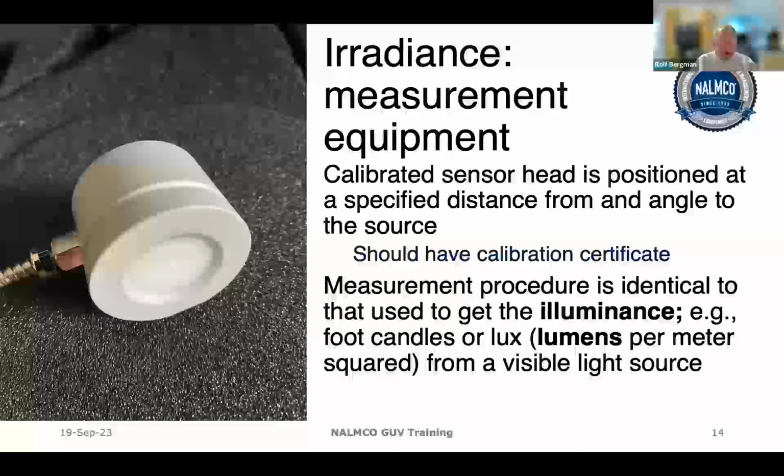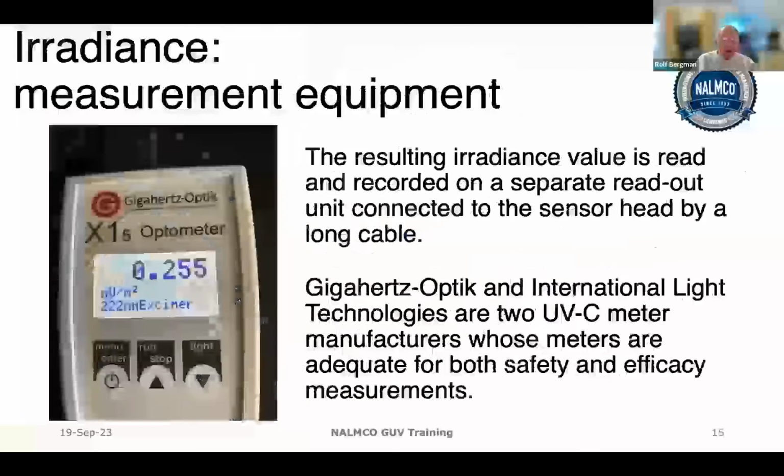That depends on the readout unit. And the detector is connected by a fairly long cable, about 6 feet long in the case of this detector, to a readout unit.